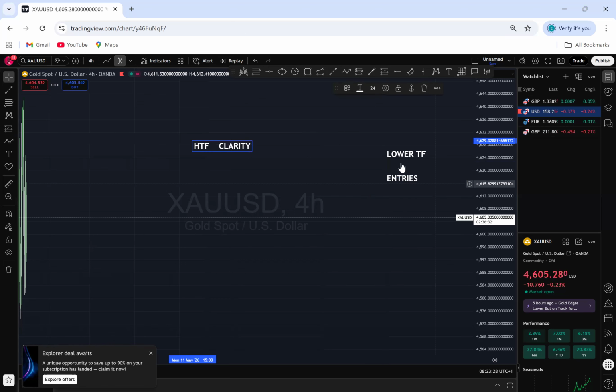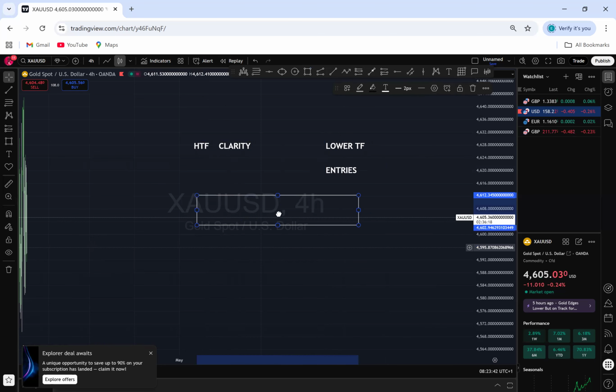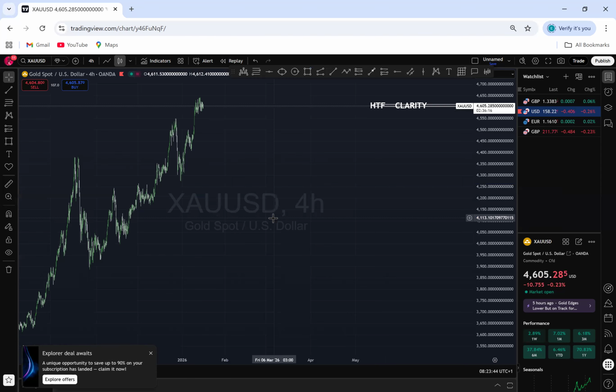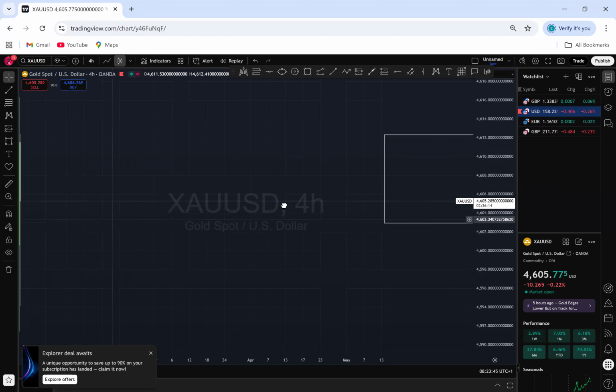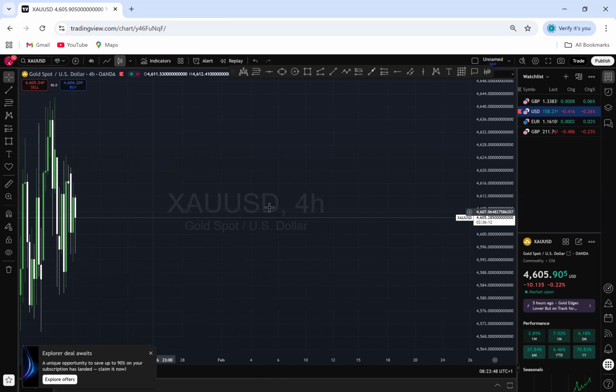And that's why I've always said, if your higher time frame is saying buy, wait for your lower time frame to align. Some of us really do not understand that. Right now, gold is in a consolidation area. Gold is consolidating very much.